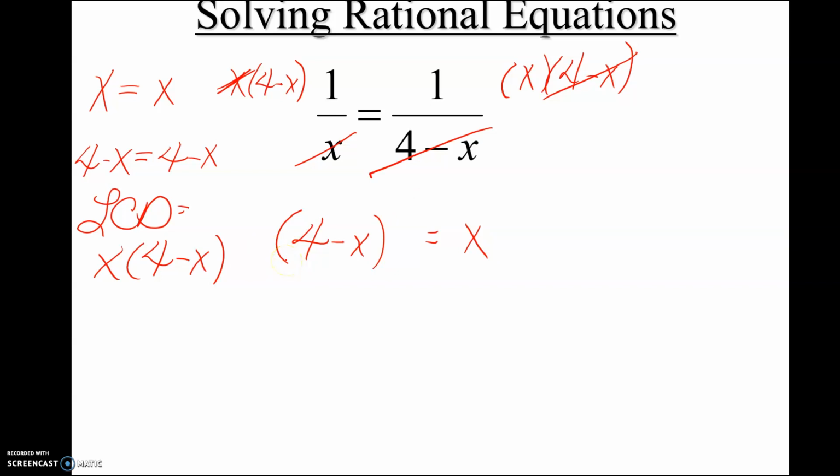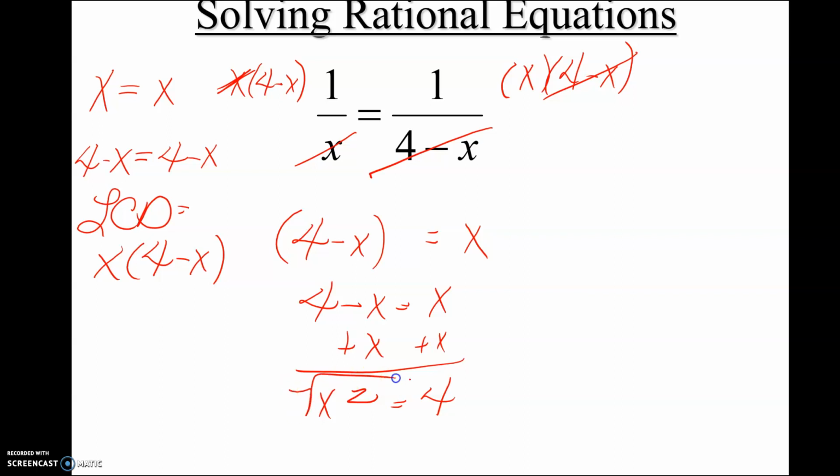So I have 4 minus x equals x. Add my x over, and I get x squared equals 4. And so I could factor it since it's quadratic, or I can square root it. So I get x equals plus or minus 2.